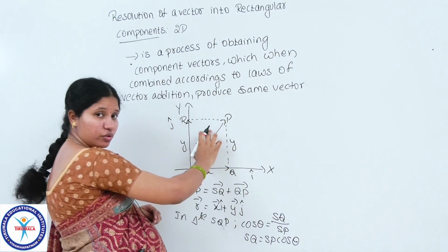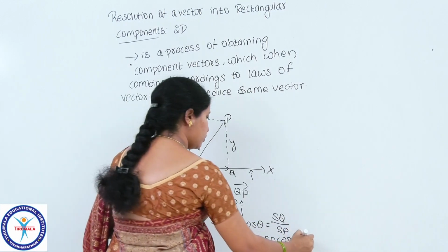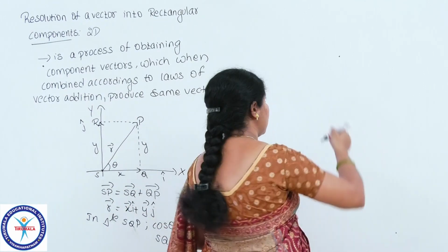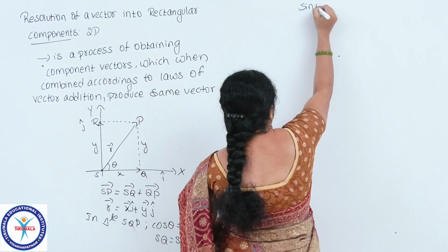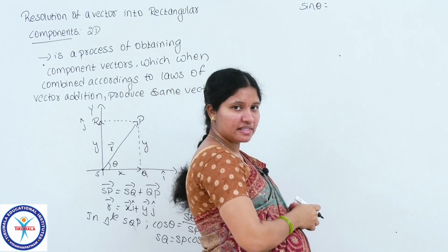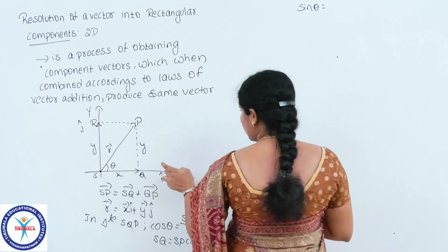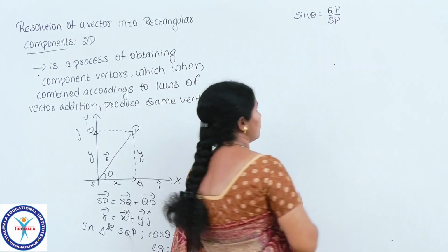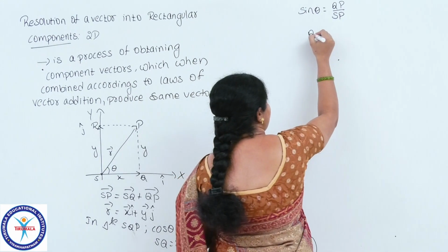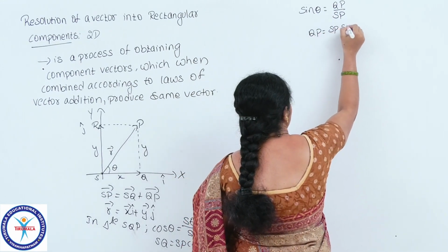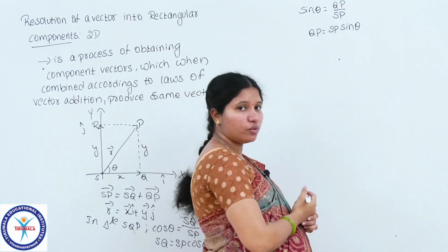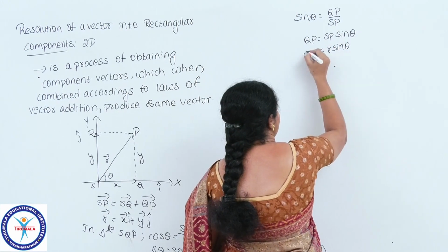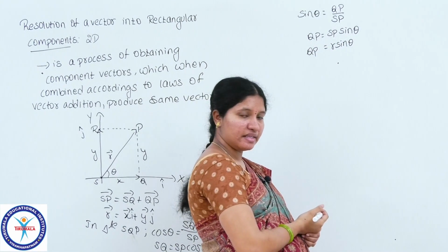What is SP? Magnitude of SP is R. So, SQ can be written as R cos theta. Similarly, in the same triangle, consider sin theta. Sin theta is equal to opposite side by hypotenuse. The opposite side is QP, by SP. So, QP is equal to SP into sin theta. The magnitude of SP is R, so QP value is R sin theta.